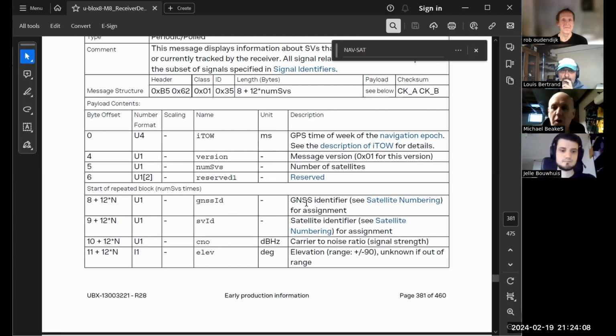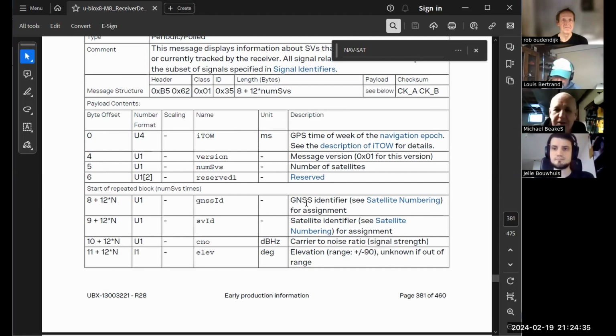And so I'm working on a sorting function to sort first by being used for navigation, then healthy, and then within those by signal strength, which is signal to noise ratio, calibrated from 0 to 99.